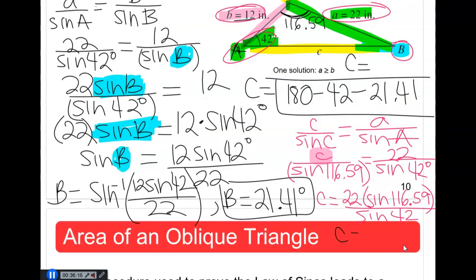Same thing. And the units for this one were inches. And so that is the answer to this part, to lowercase c. Let me just write it here. So now we have all three angles, and we have all three sides, the lengths of the sides. So we're done with that problem.